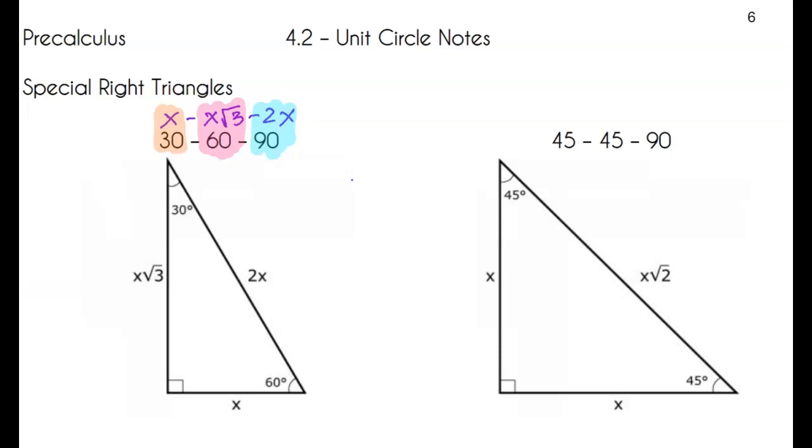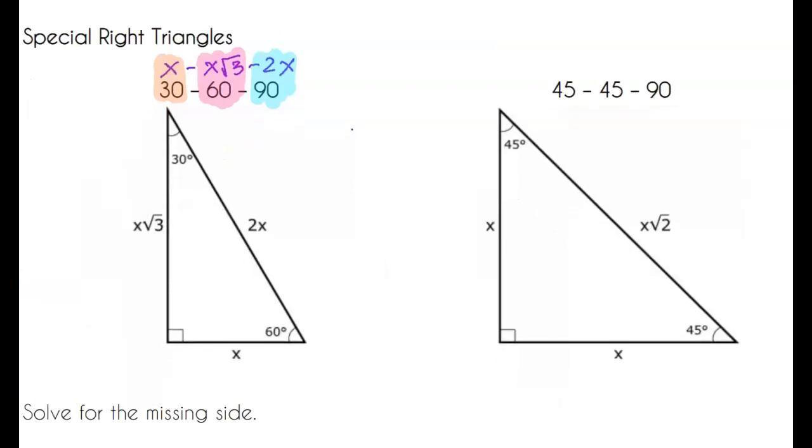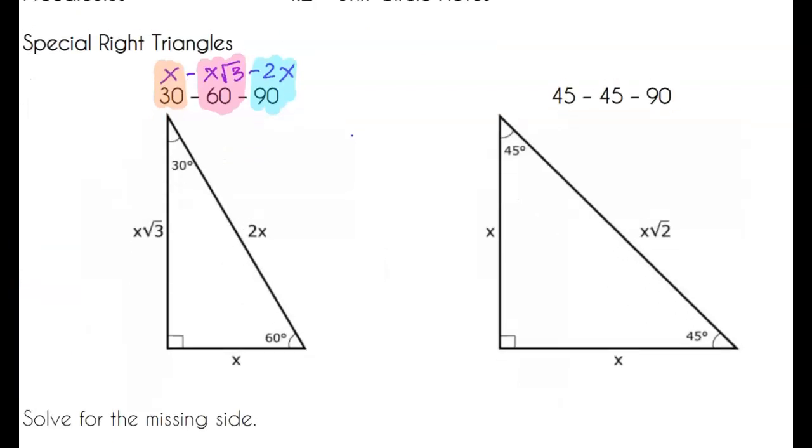So for instance, let's try it. If our side across from the 30 was 2, what would the side across from the 60 be? Yes, exactly. You now know that x is 2 in this example.